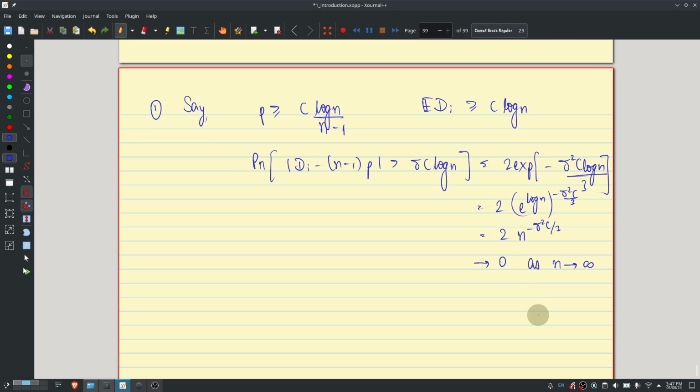But this is only for one of the degrees. What is the probability that all of the degrees are very close to n minus 1 times p? That is, all of them are roughly the same.